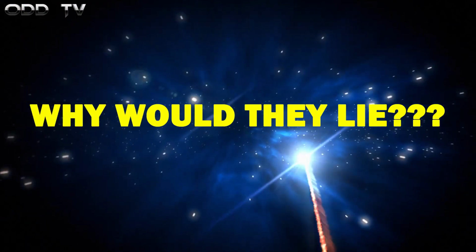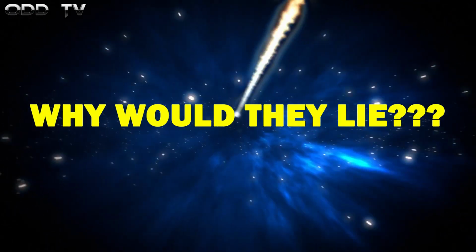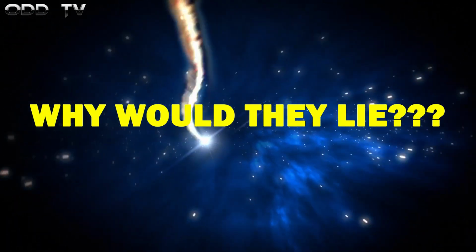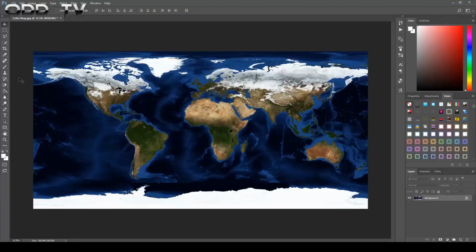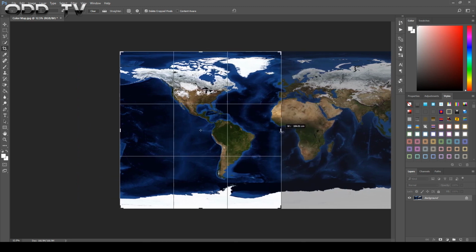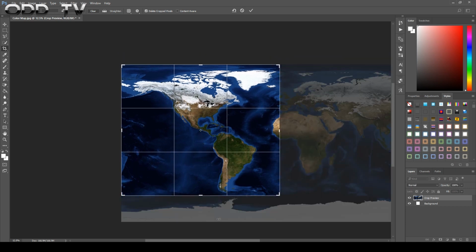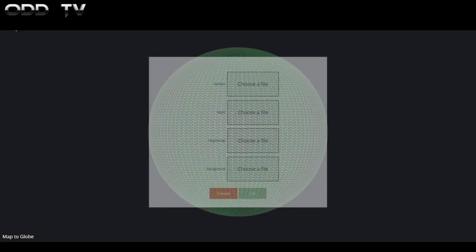Another reason for lying about the shape of the Earth and making it into a ball is because when you turn it into a ball, you can cut off any land you want and keep it hidden. For example, we will take this map, we will cut out a piece, and we will take this flat piece and wrap it around a ball.